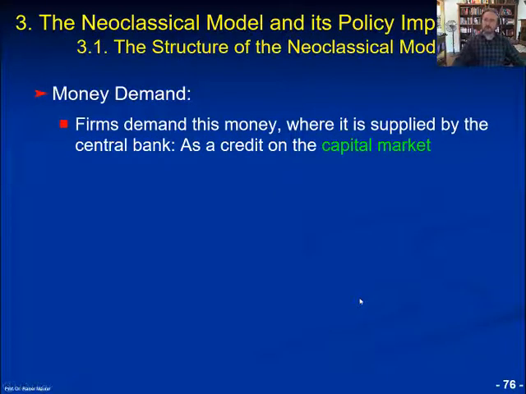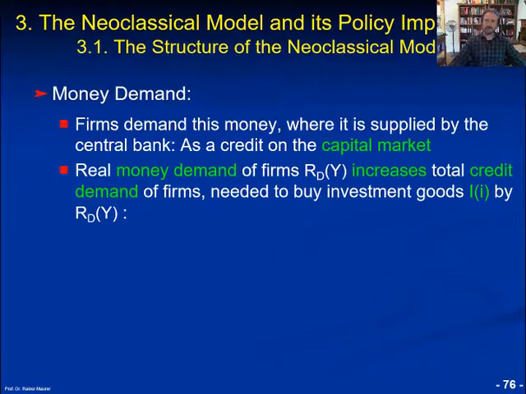Firms demand money where it is supplied by the central bank, as a credit on the capital market. Real money demand of firms increases, therefore, total credit demand of firms needed to buy investment goods, for which we use the shortcut capital letter I depending on the interest rate.